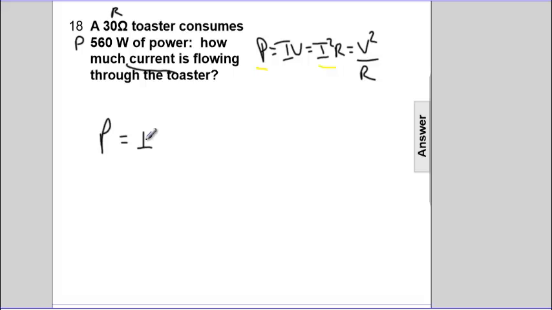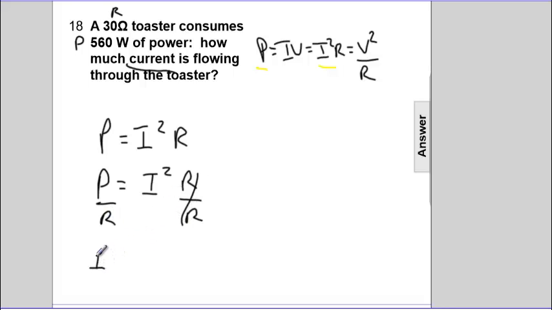Power is I squared times R. Now this is going to require some manipulation in solving for I. I'll rewrite. Power is I squared times R. We'll divide by R. Cancel. And then I will be equal to the square root of power over resistance.